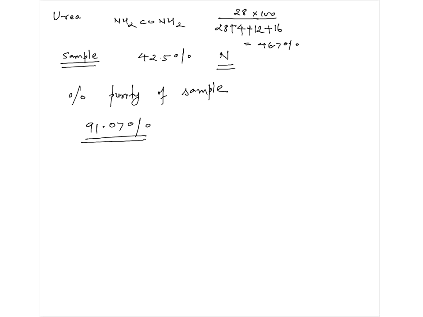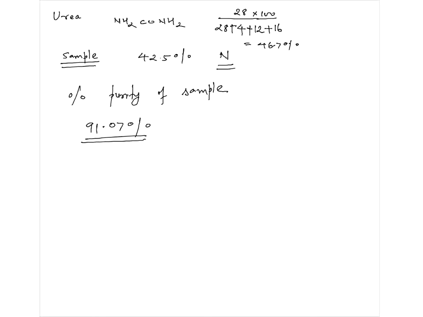But that is about 100% pure urea. But in reality, you don't get 100% purity. There is bound to be some impurity. It's a question of significant figures. 100.000000, that way it's not possible to get that much amount of purity.